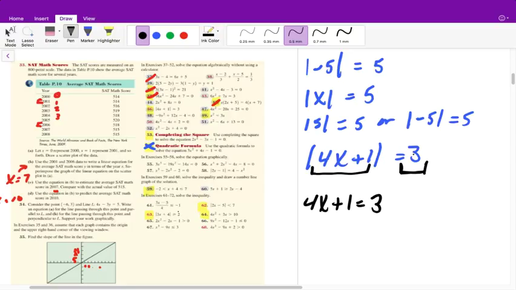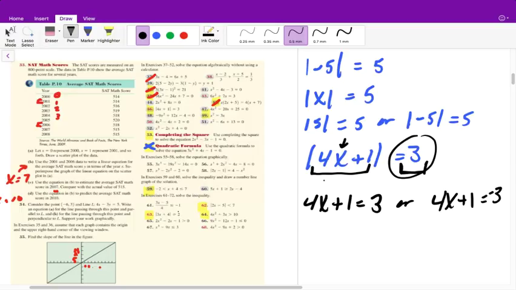So if this is equal to negative 3, we know that can't work, but we set it equal to the positive or the negative. All right, because we're not saying that this is negative 3. That's why that can't work. We're saying in here can be a positive or a negative 3, because we can take the absolute value of 3 and give us 3, or the absolute value of negative 3 is 3.